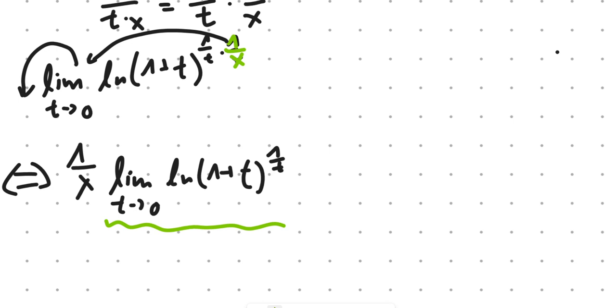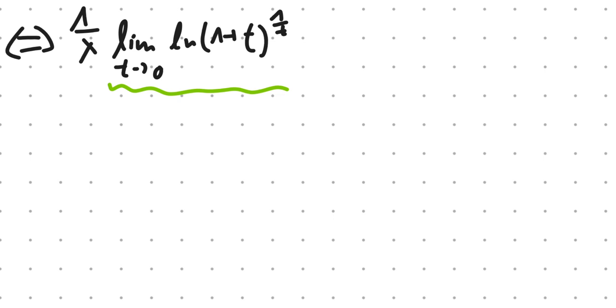So you can take the limit as t approaches 0 of (1 plus t) to the 1 over t power, which is pretty powerful in my opinion. I'm going to prove this in another video. I don't know when I'm going to do that, but yeah.